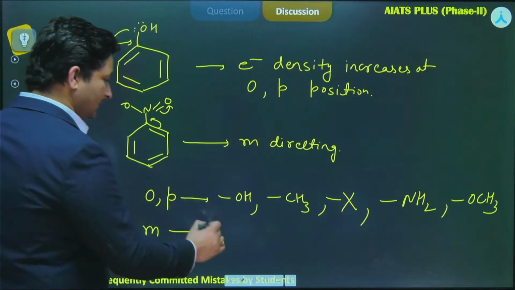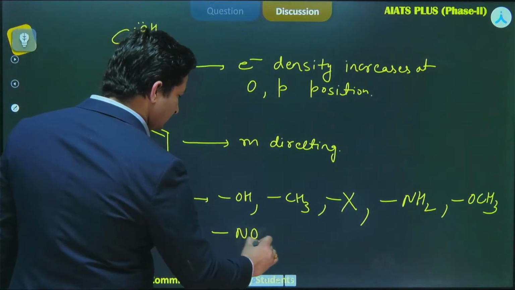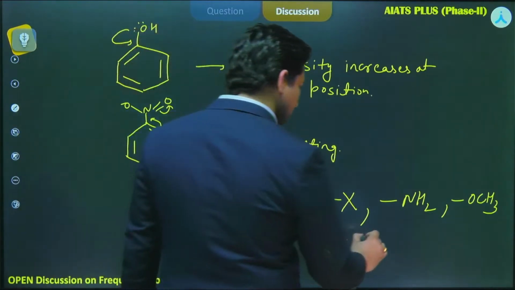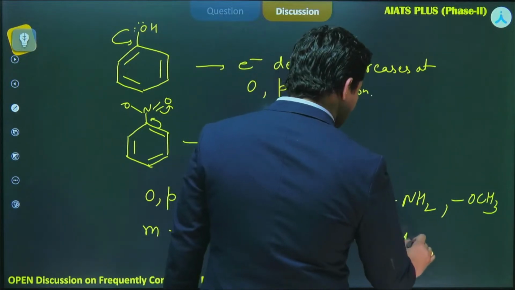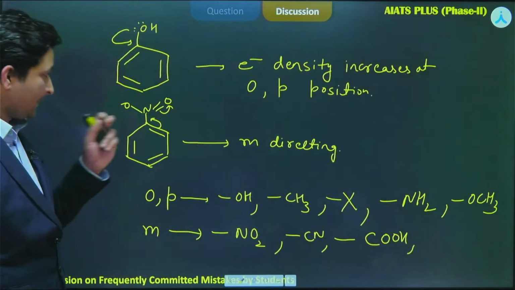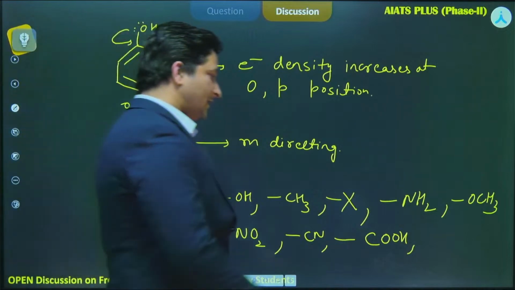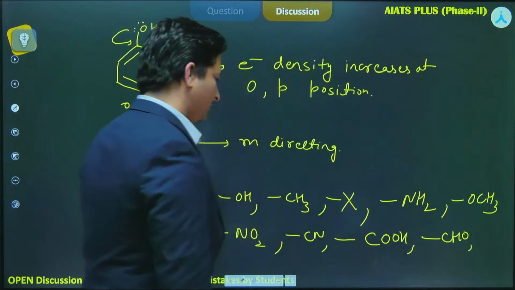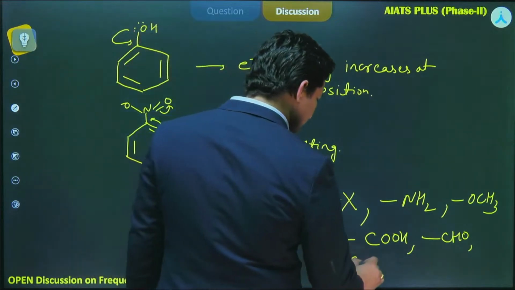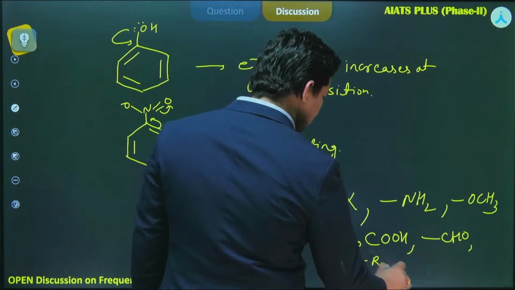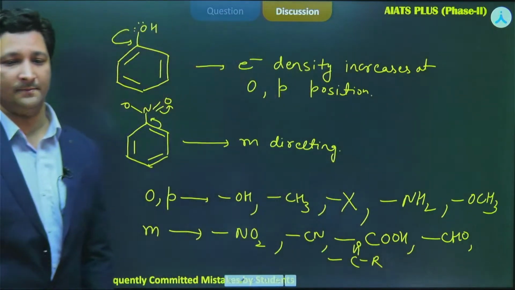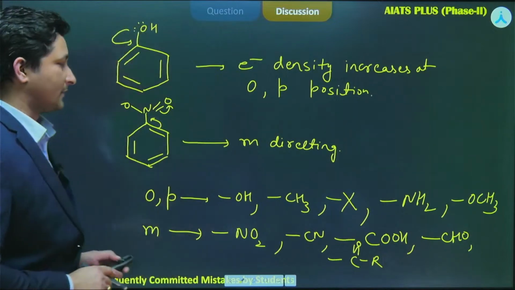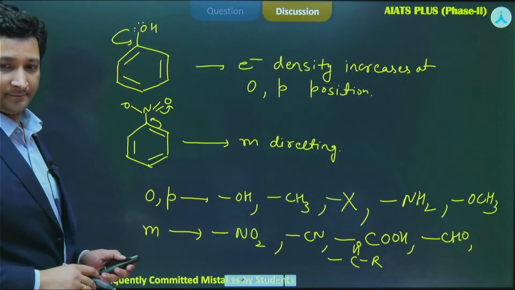So meta directing: NO2, C triple bond N, COOH, if carboxylic acid is there, then C double bond O will be there, CHO. Then we have C double bond O, R. So all these groups are actually meta directing in nature. Now we have to come back to our question, then we will be able to solve that.